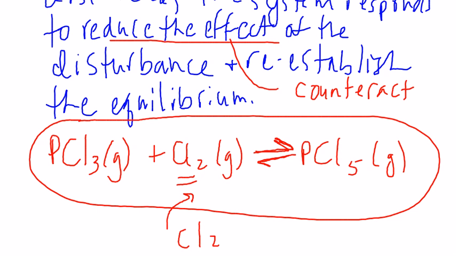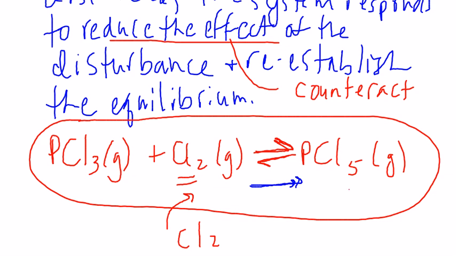So you add the chlorine gas, and the system shifts to the right to remove the chlorine gas that you have added and to reestablish that equilibrium that had already been established. So to remove some of that chlorine gas, the PCl5 concentration goes up, and the PCl3 concentration will therefore go down, trying to reestablish that ratio.